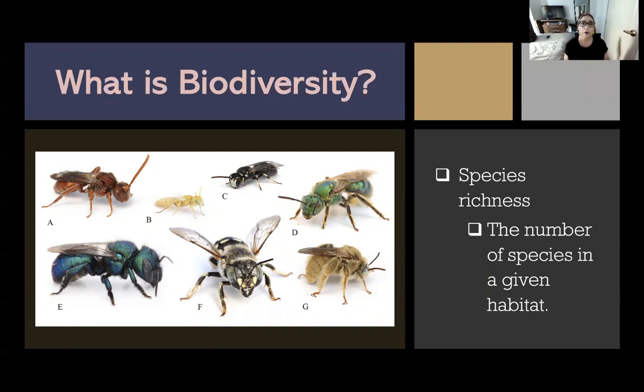So in other words, we call like different types of bees. For instance, they're under E, that shiny green bee. That is like an orchid bee. Actually, I'm sorry, that one is a leaf cutter bee. So that would be one species of bee.